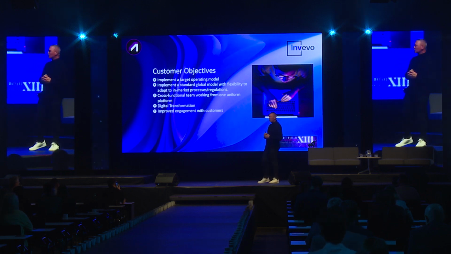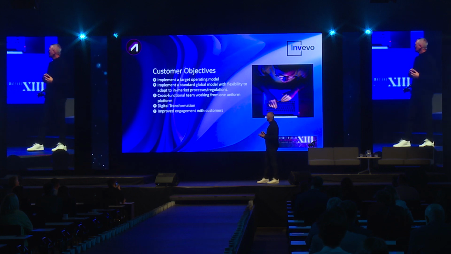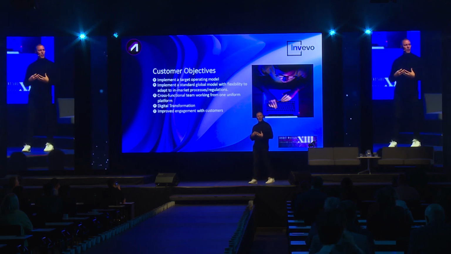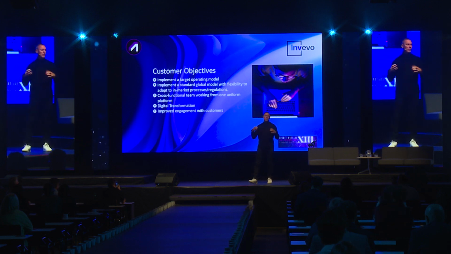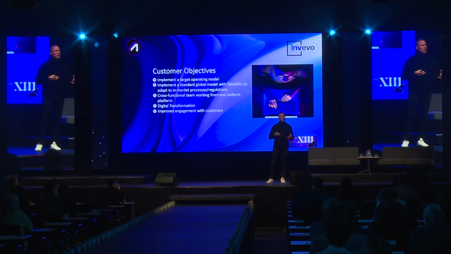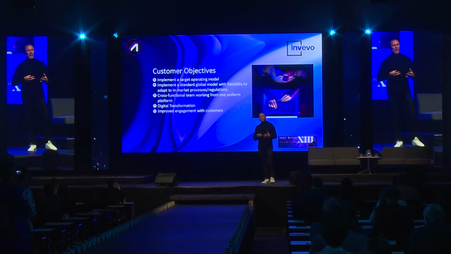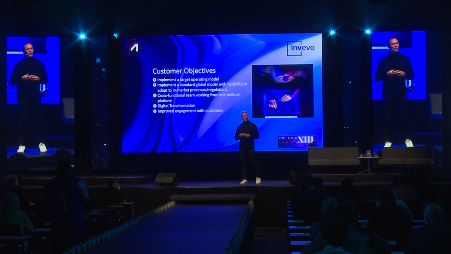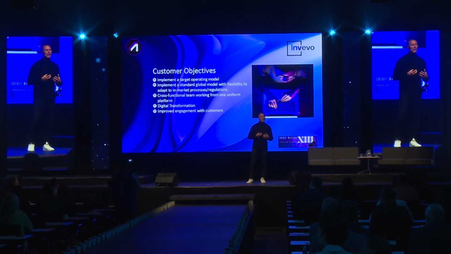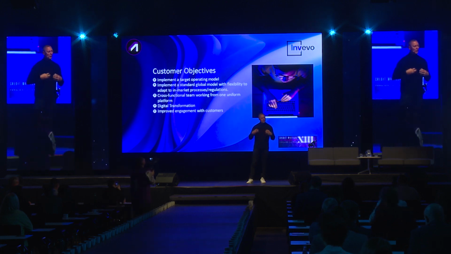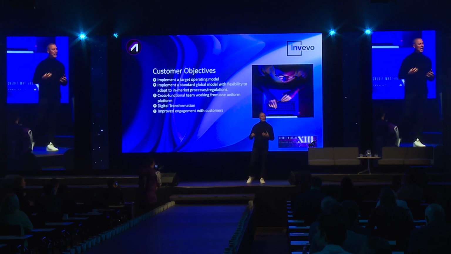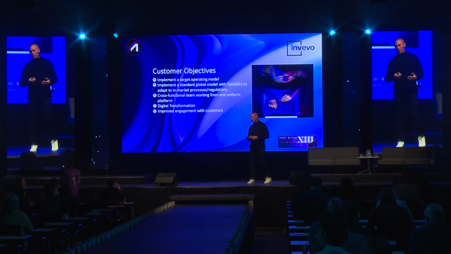So implementing a target operating model was really clear to us, and also having that flexibility. You have a target operating model, great, but each country has its own nuances, its own regulatory challenges, and slightly different ideas around their customer profile and the way they want to manage their engagement with their customers, how they're going to get the best output from their users and their teams, and what that end-to-end customer engagement lifecycle looks like.